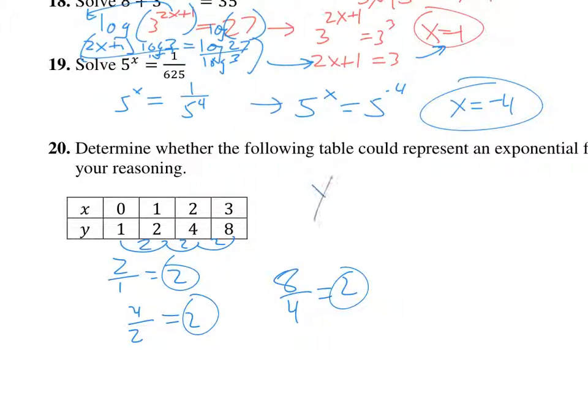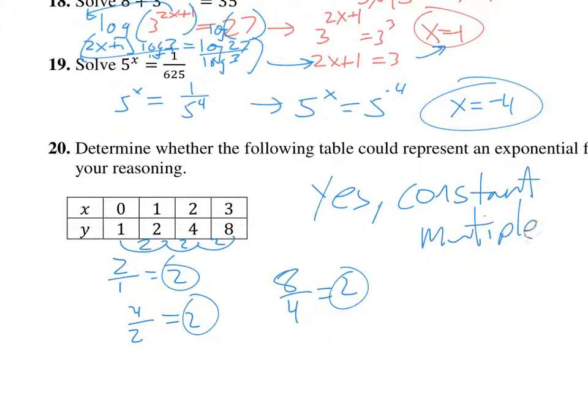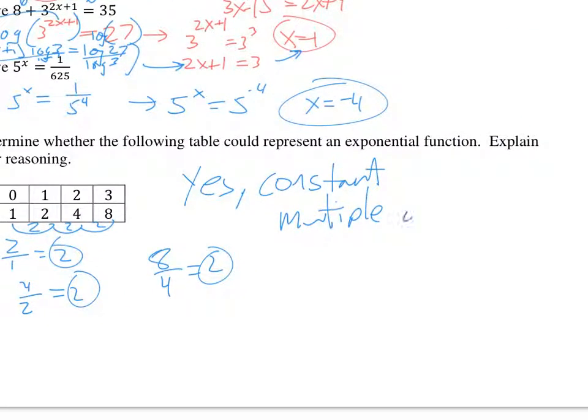So yes, we have a constant multiple of 2. Okay? What's a better way? I just don't like that word multiple here. Probably a better way to say that would be it's not a constant multiple, it's a constant ratio is what it is. That's a better way to say it.